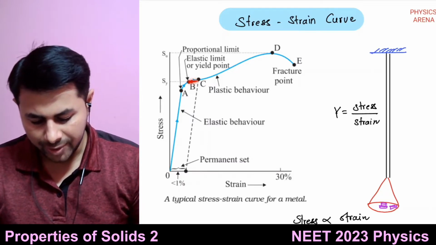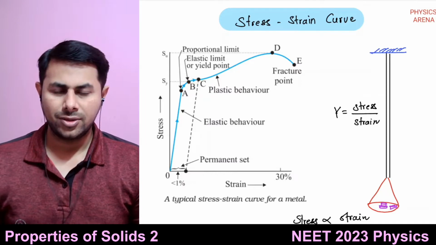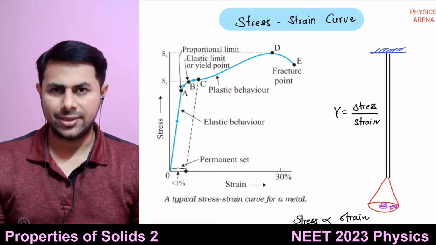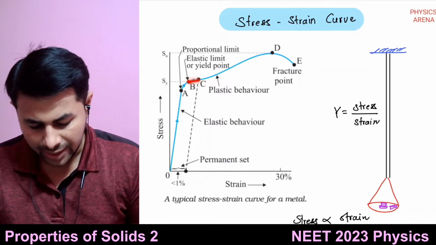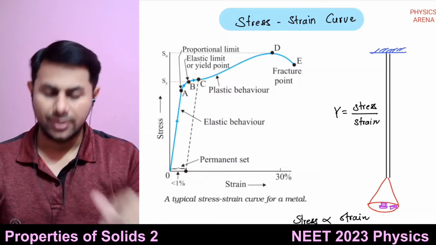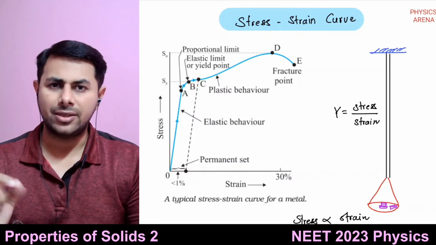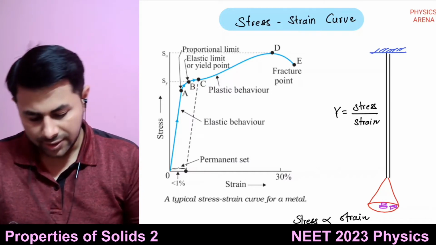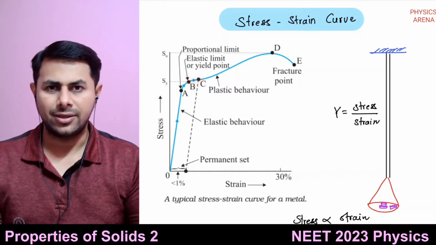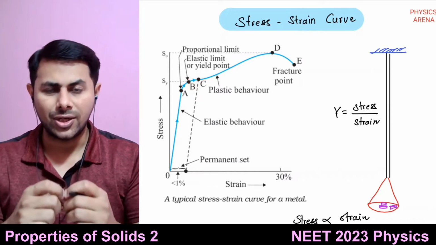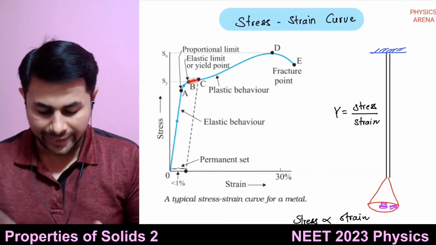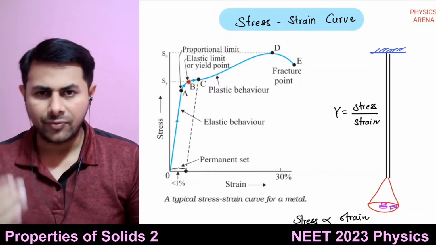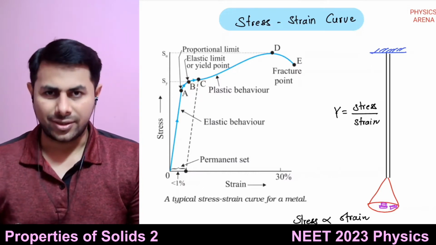So what happens after point B? Now for very little increment in stress, you can see this graph is almost flat. For very little increment in the stress, there is a large increment in strain. That means there is very large elongation, and that's why we say that the wire is yielding.